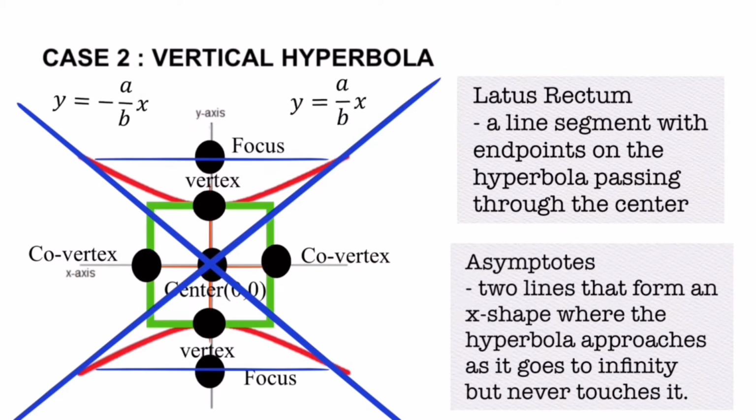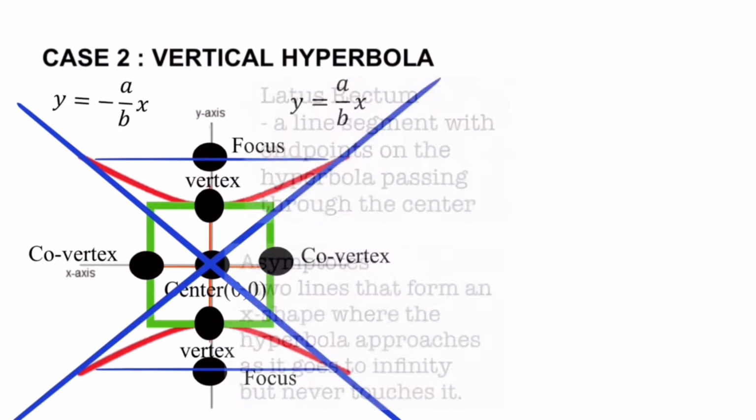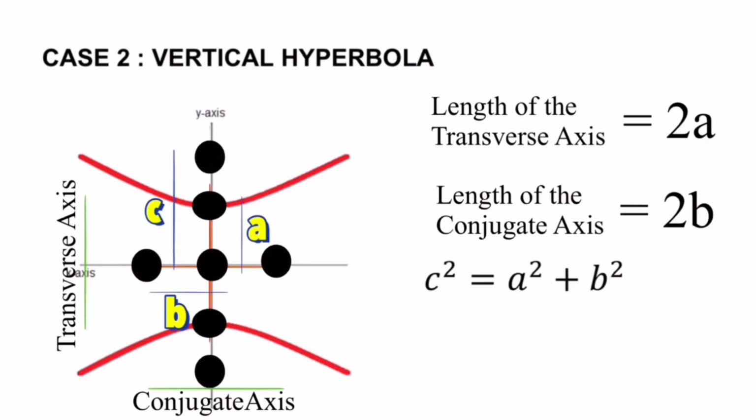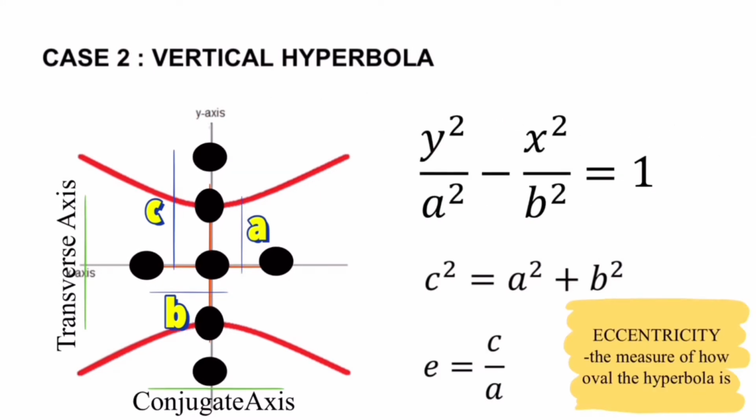We also have these lengths in a vertical hyperbola. We also remember that the standard formula for a vertical hyperbola is y squared over a squared minus x squared over b squared equals 1.